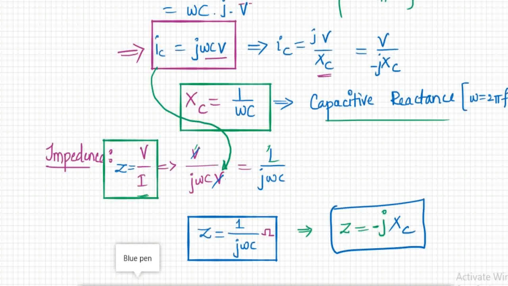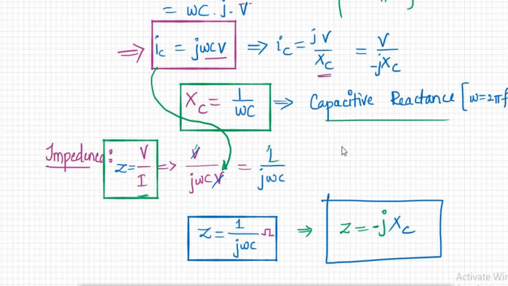So 1 by j omega c can be replaced with minus j XC, because 1 by omega c is called XC, and when I shift the j operator to the numerator, it comes with a minus sign. So the impedance of a capacitive circuit will be minus j into XC.